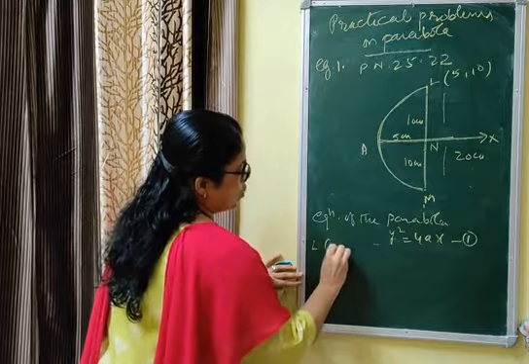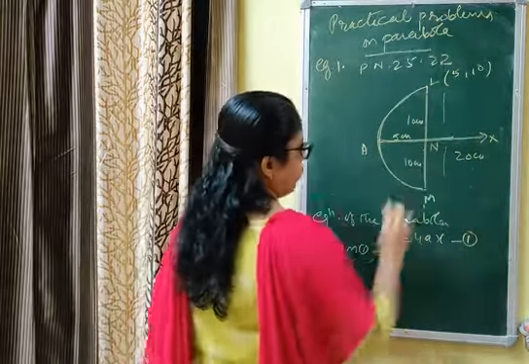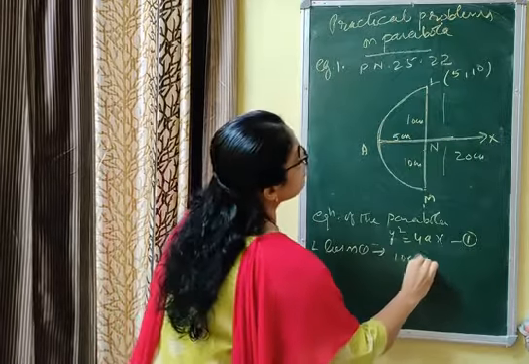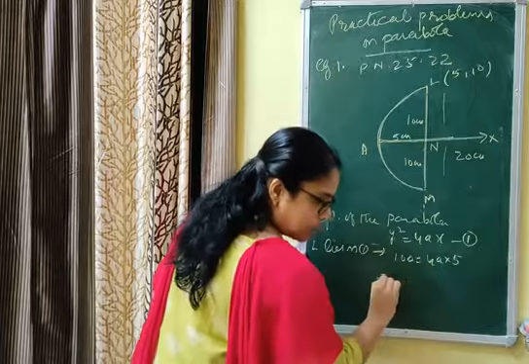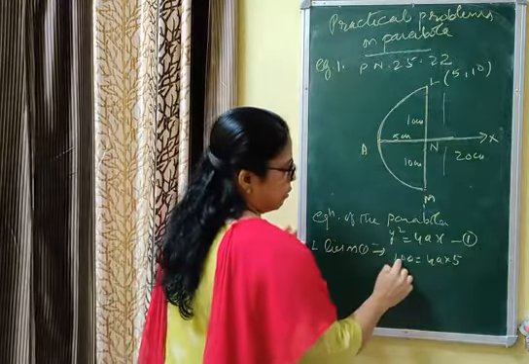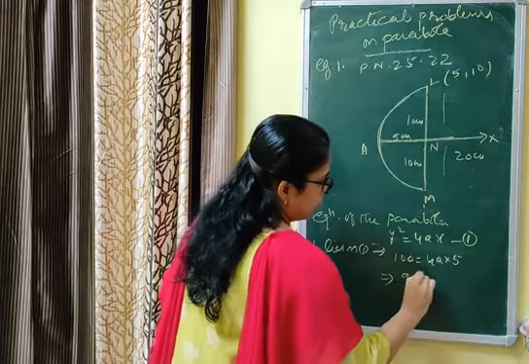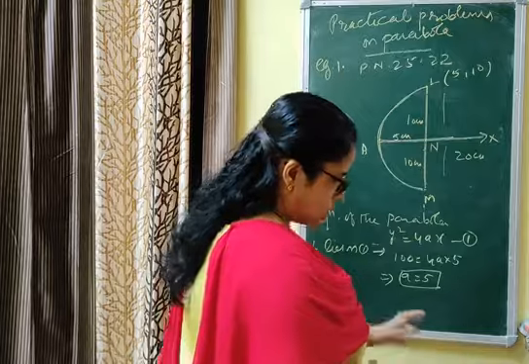Since L lies on it, we can replace x by 5 and y by 10. You will get 100 is equal to 4a into 5, that is 100 equal to 20a, which implies a equal to 5. That means you got the value of a equal to 5.